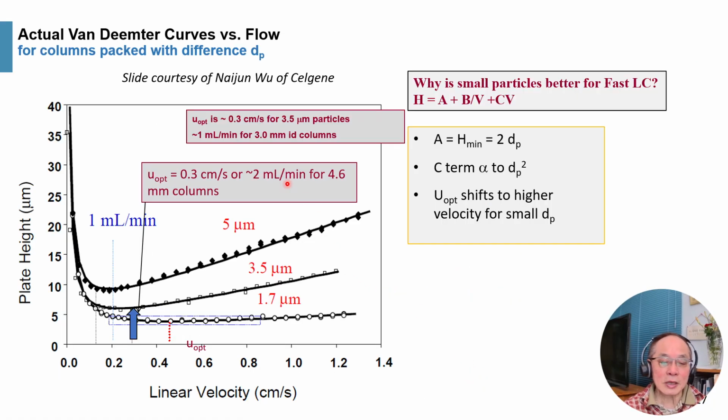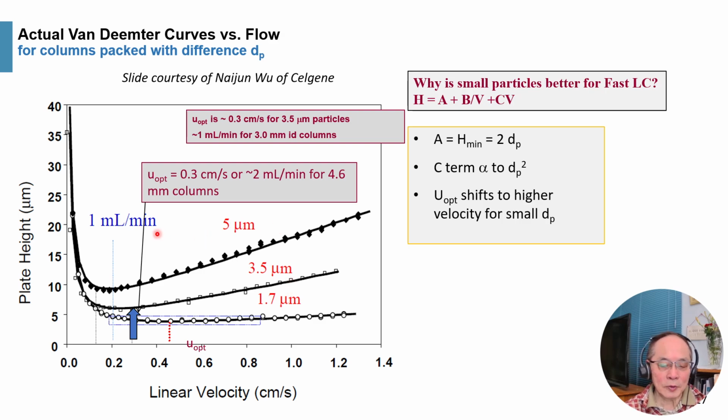So here is the actual Van Deemter curve, theoretical versus an experimental plot. This slide is courtesy of Neijun Wu of Celgene, in which he actually did experiments on 3 particle sizes: 5 micron, 3.5 micron, and 1.7 micron.